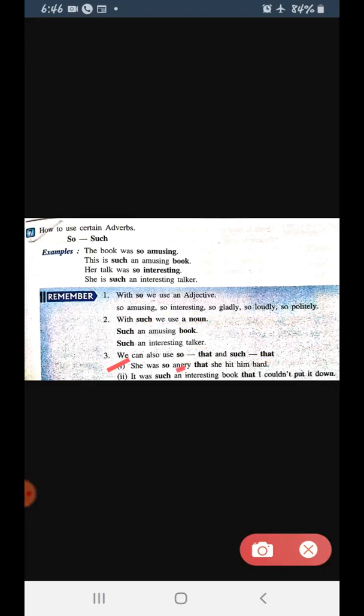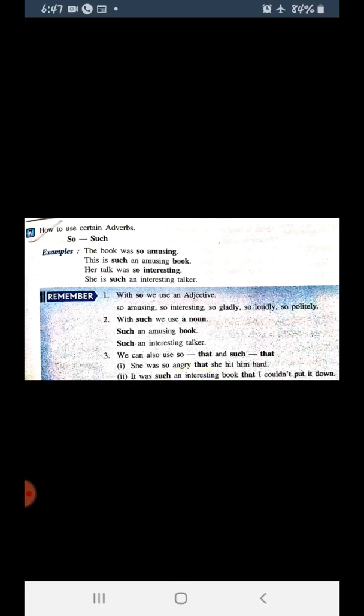Now here angry is an adjective, so we are using so and then that. She was so angry that she hit him hard. Whereas in number 2, it was such an interesting book that I couldn't put it down. So now we are focusing on book. So it becomes such. It was such an interesting book that I couldn't put it down.